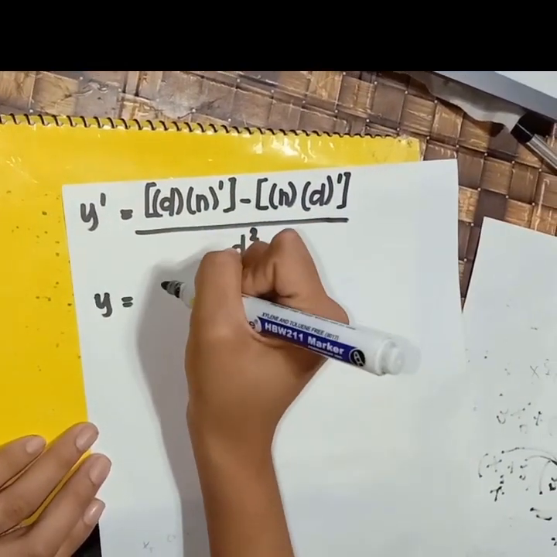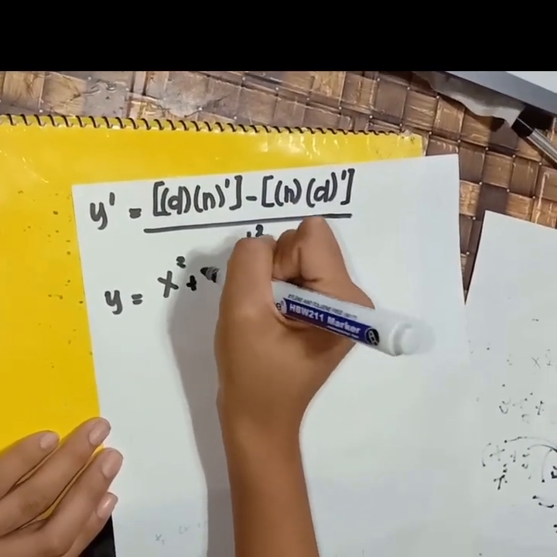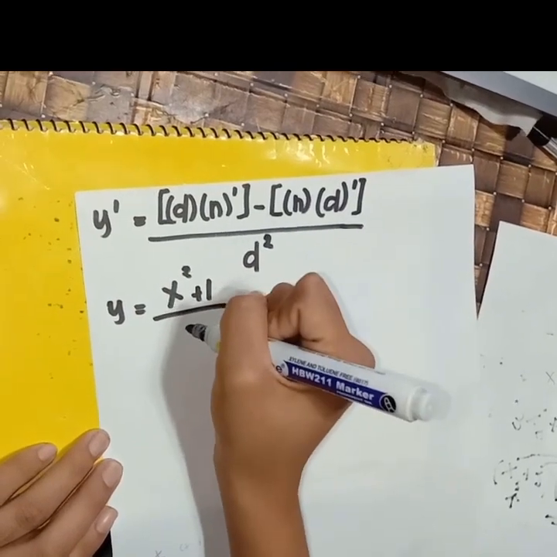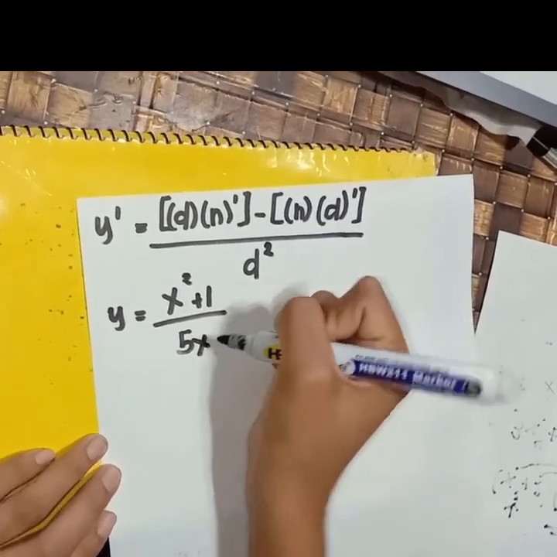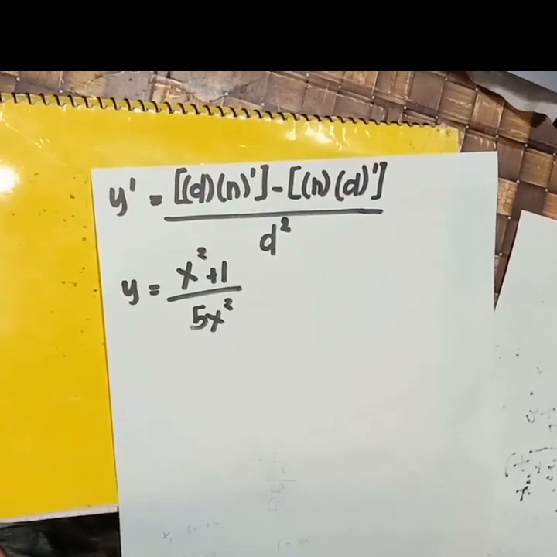For example, y is equal to x squared plus 1 over 5x squared. So let's just follow the pattern.